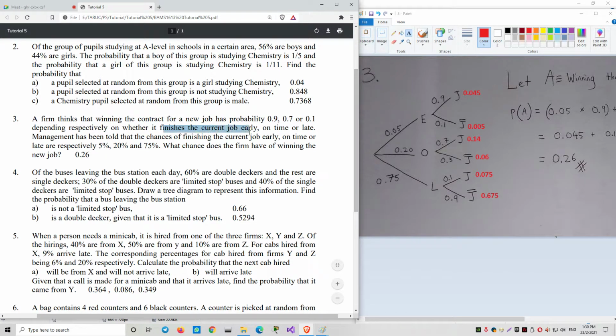And then chances of winning the current job early, on time, or late, respectively. We have the same probability trees, just that the probability values are different, right, Noel?